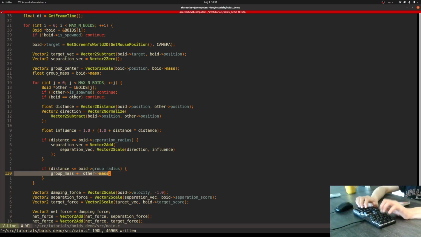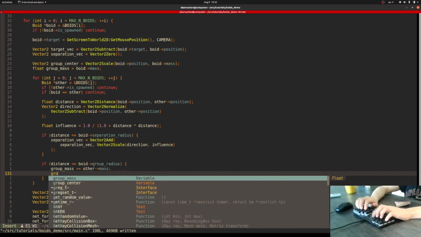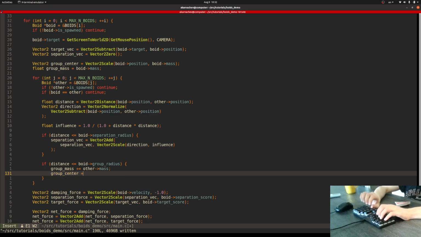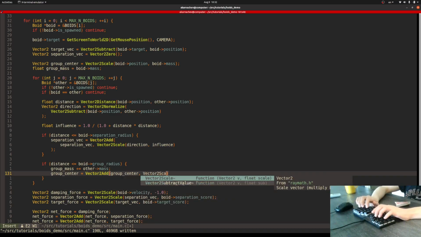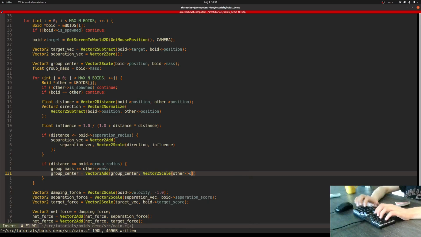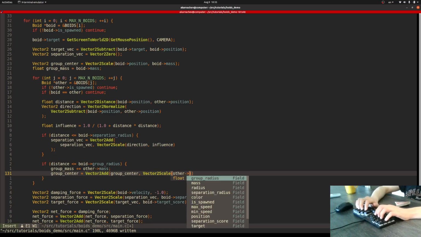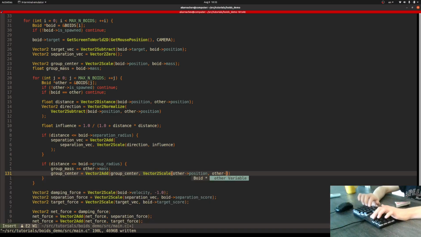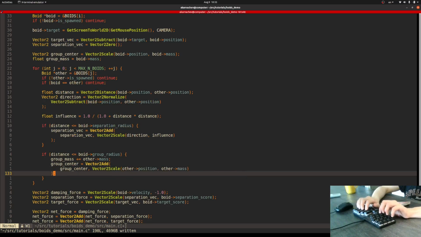Let's compute group mass, and group center is equal to vector 2 add group center vector 2 scale position of this Boid other position scaled by other mass. Yes, group center.